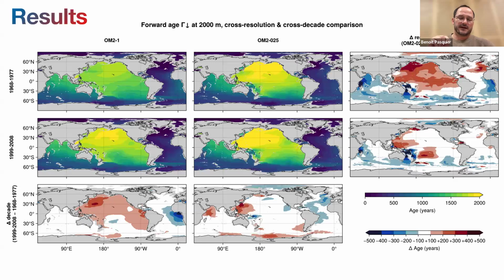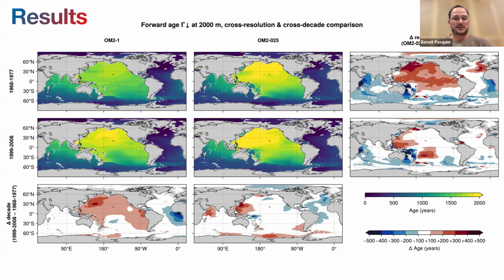If you look at finer details, for example, near Sri Lanka or near the east coast of Australia, you see some patterns that seem to be consistent across those two comparisons with a large decrease in age. And that might be because the finer resolution resolves some of the finer details of the current system there.